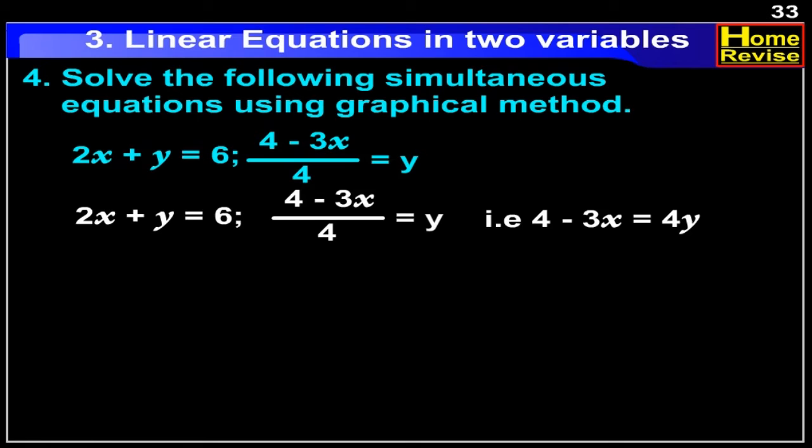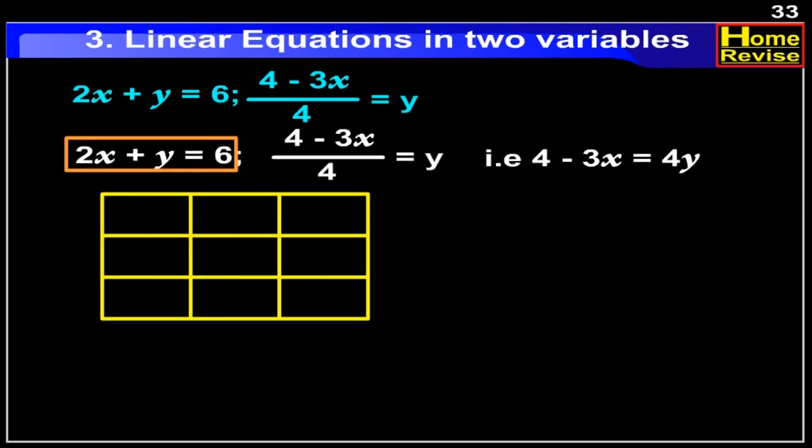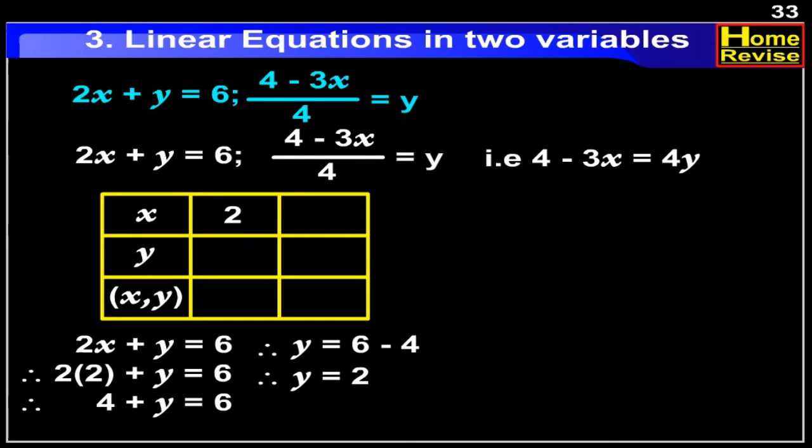First of all, we will draw the table for equation 2x plus y is equal to 6. In the first column, write down x, y and x comma y. When x is taken as 2, then we get y is equal to 2.